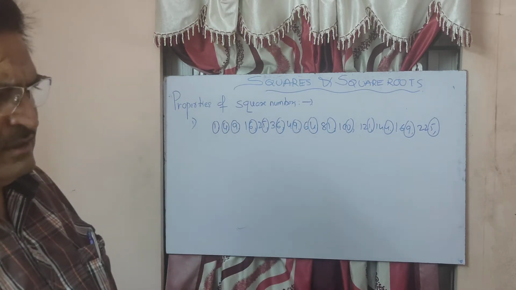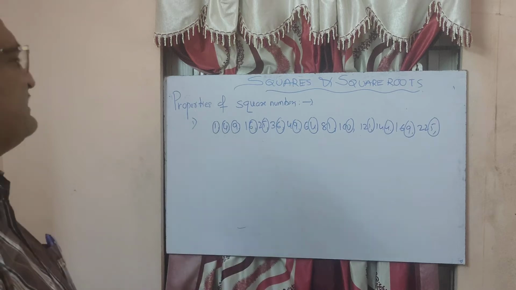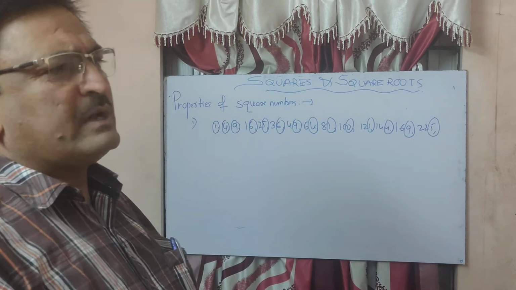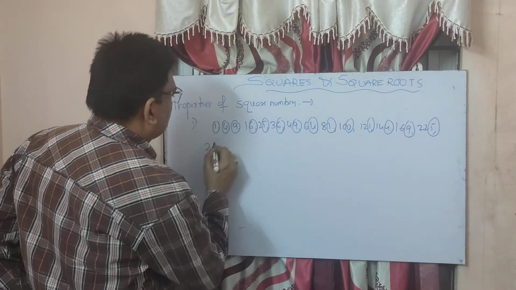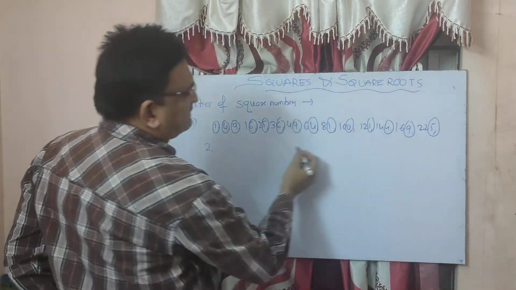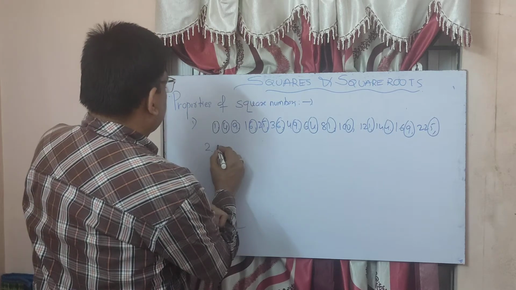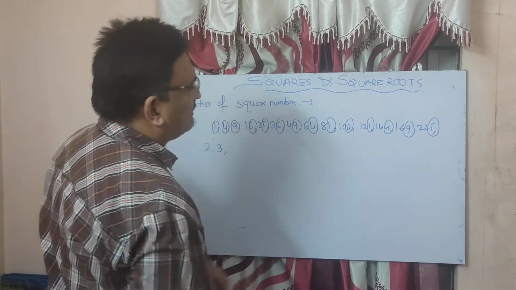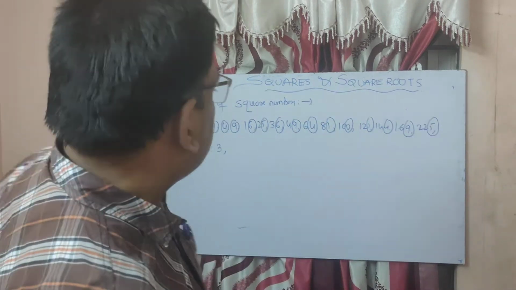So by looking at these, you might be thinking that there are some numbers you are missing. What is that number? That is 2. 2 is missing from the unit place, isn't it? Now next number is 3. You are missing. The last digit will not be 3. Okay.